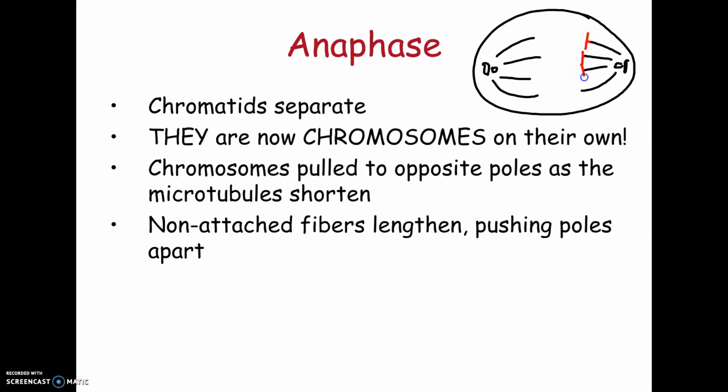Now the chromosomes are sticks again, because they've basically gotten pulled apart, and they're moving to opposite sides. And they are now going to each get their own nucleus, and we're going to end up with two new cells. Our original cell had 4 chromosomes. Our new cells still have 4 chromosomes.